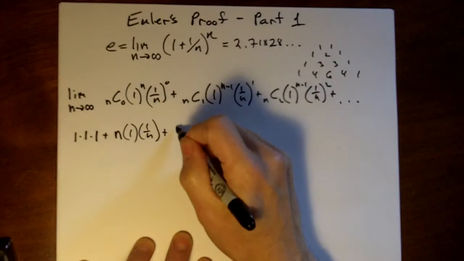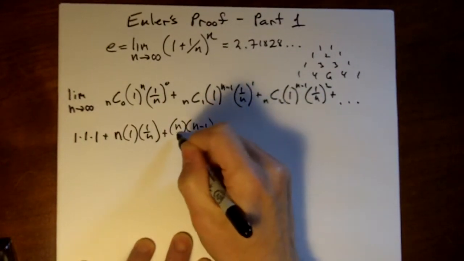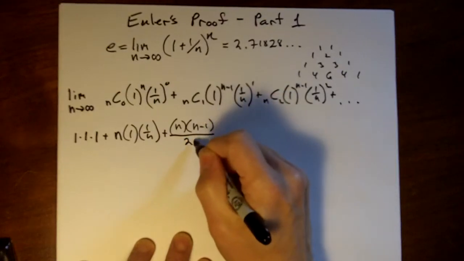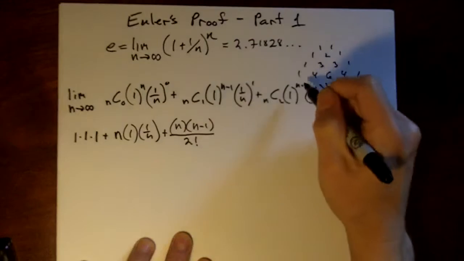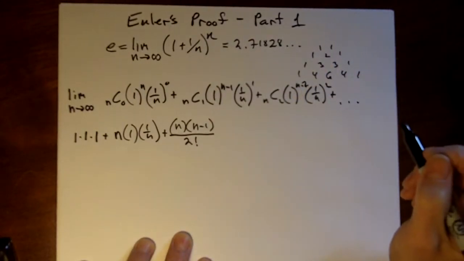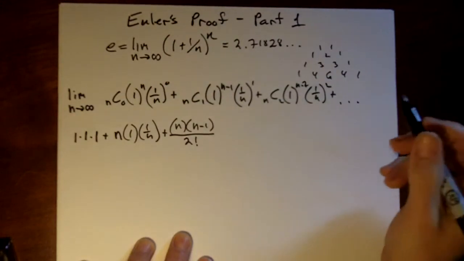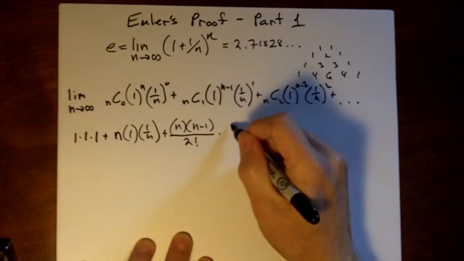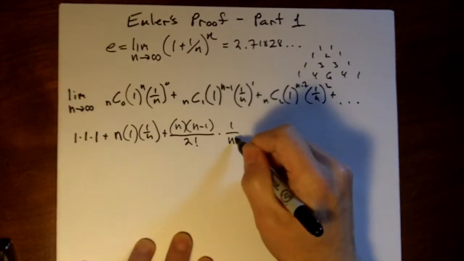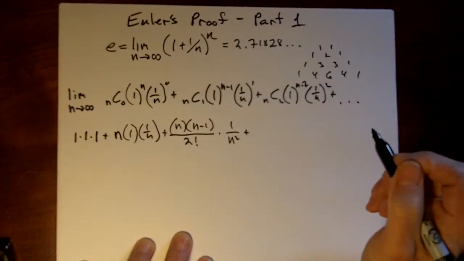nC2, so that's n times (n minus 1) over 2 factorial. 1 to the n minus 2, I'm not even going to worry about writing that, but 1 over n squared, I think we should write that. And actually, let's add a couple more terms.